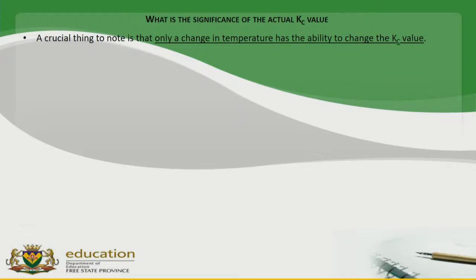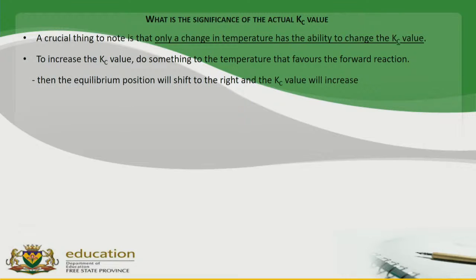When you change the concentration, the Kc value will remain constant. When you change the pressure, the Kc value will remain constant. The Kc value can only change when temperature is changed. Whether it's increased or decreased, you will check which of the sides will be favored. But the Kc value can only be changed by a change in temperature.